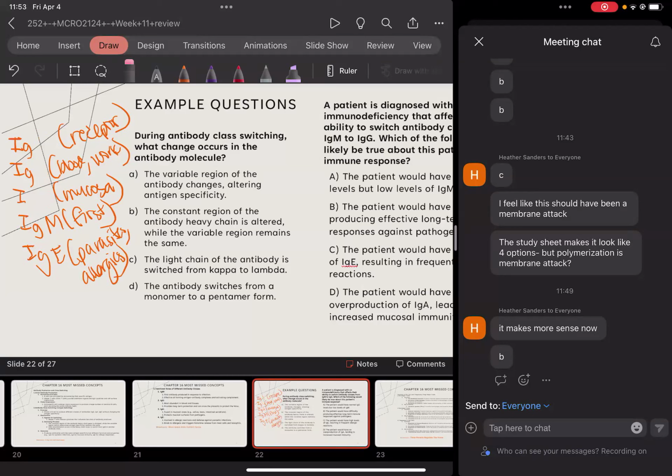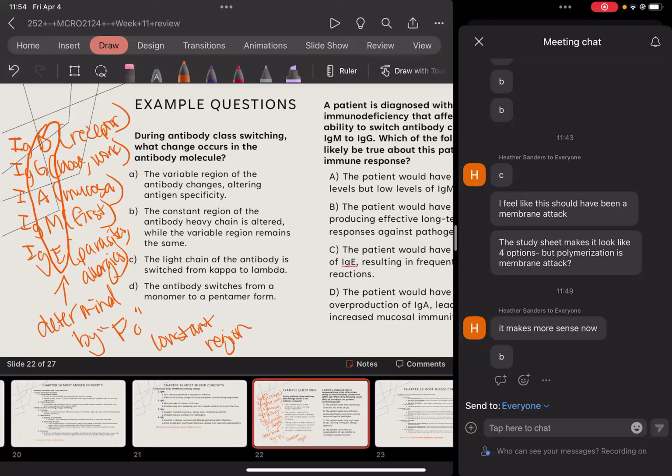All of these, oh no, what happened? I accidentally touched the eraser. All of these are determined by the Fc constant region. The Fab is the actual antigen associated area.